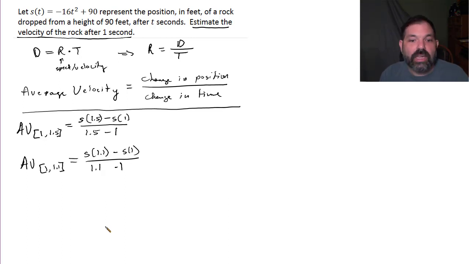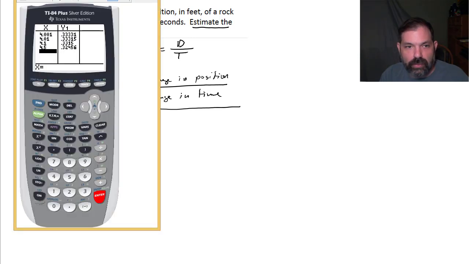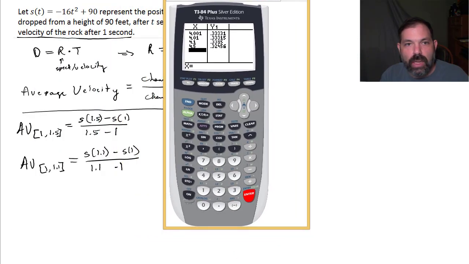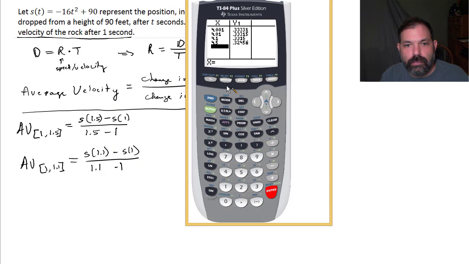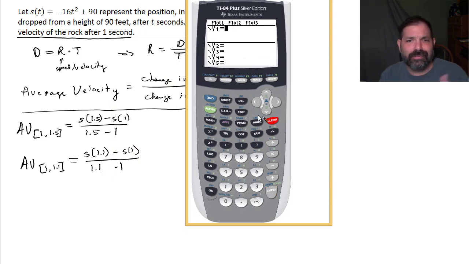So let me show a different way to do this on the calculator. If you didn't like the other way I was doing this, let's go to our y equals screen, and instead of inputting this fancy function I'm creating, let's just input the function that was given. Negative 16x squared plus 90. Got to use x on this calculator instead of t.